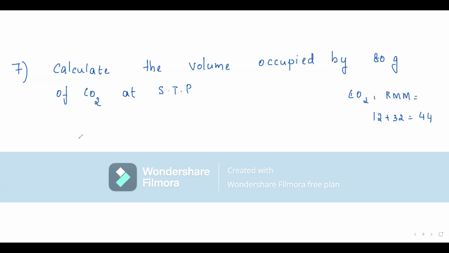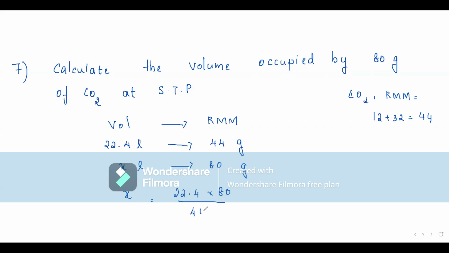Moving on, calculate the volume occupied. So the relation here is volume connecting RMM, volume at STP 22.4 liter for 1 RMM, that is 44 grams. Then X liter will be the volume for 80 grams. Cross multiply. So X is equal to 22.4 into 80 divided by 44. Let me calculate this.